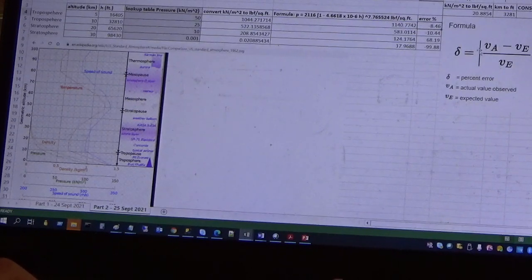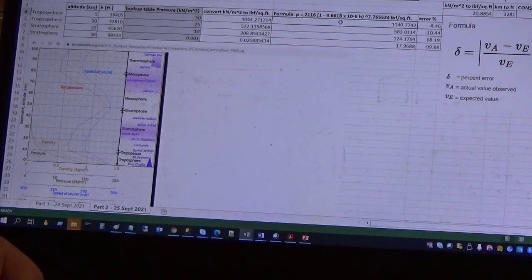To get the error, what we're going to do is take the value that's actual minus the expected value divided by the expected value. And so the expected value is here.